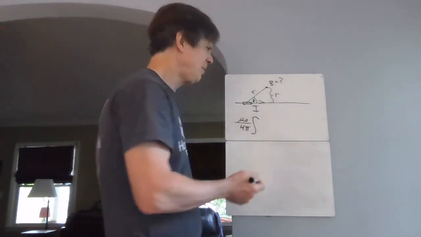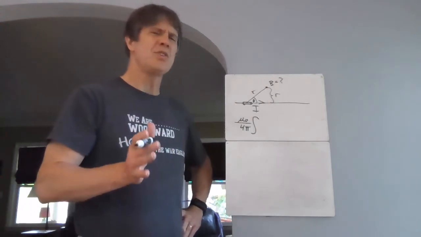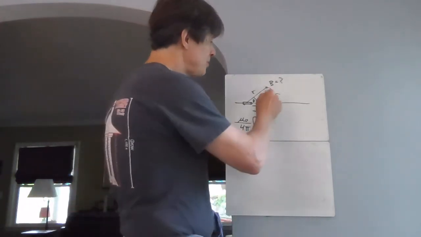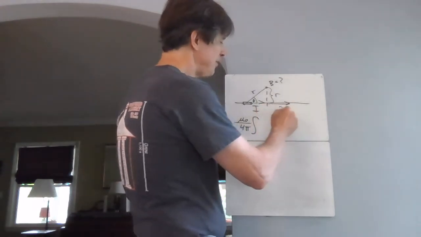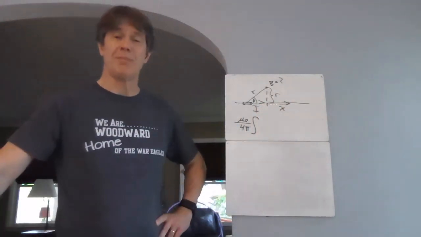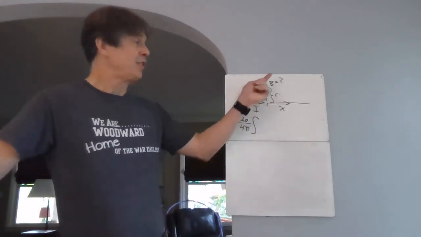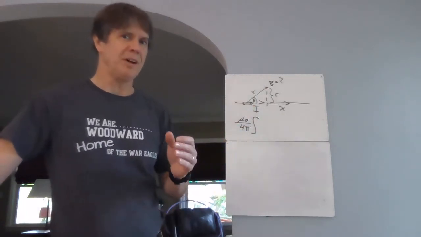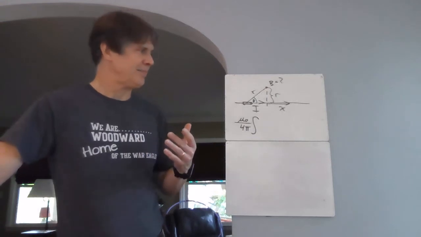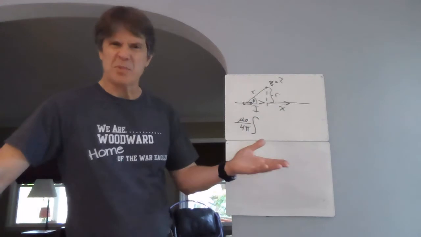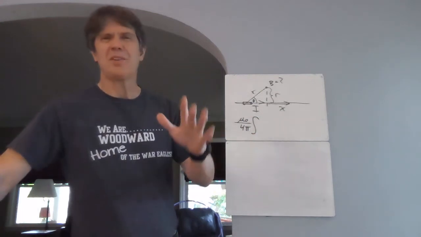You could do this in terms of theta or x. If you want to do it in terms of x, it's going to be a variable like that, and you'll integrate from x equals negative infinity to x equals infinity. You'll have component issues going on, where you'll have maybe an r over the square root of x squared plus r squared thing, or one of those sorts of things.